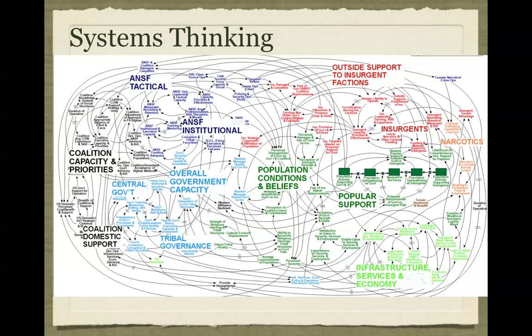And you'll notice the different sectors in here. You've got overall government capacity, you've got popular support, you've got infrastructure services and economy, you've got the narcotics trade here, you've got outside support. You've got some of the institutional considerations here. All of these things interact and intersect with one another, which is simply a way of saying that this is a complex system.